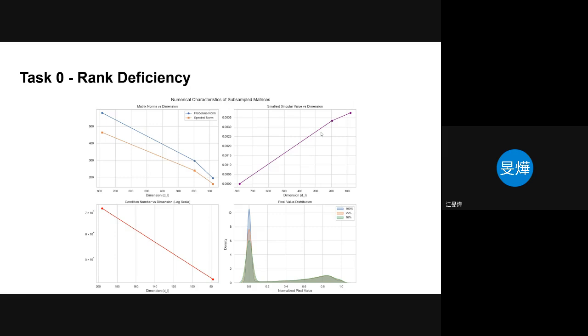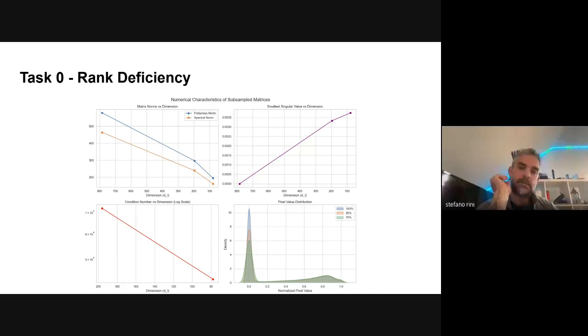And in the top right and the bottom left charts, we look at the smallest singular value. At 100% full resolution, it is exactly 0, because the Fashion MNIST images contain a massive amount of identical black background pixels.